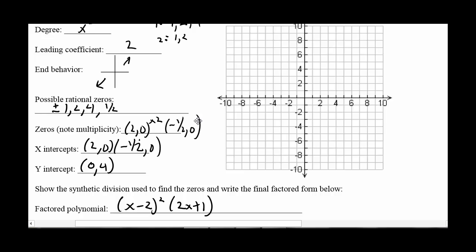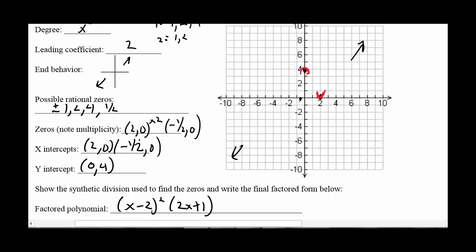And, alright, so let's plot what we know. I know it goes through 0, 4, 2, 0, and negative 1/2, 0 right there. And I know it goes through first and third end behavior. At the 2, 0, there's a bounce.